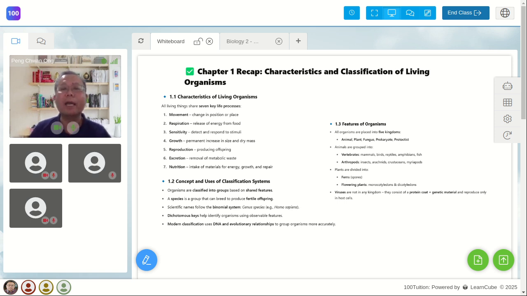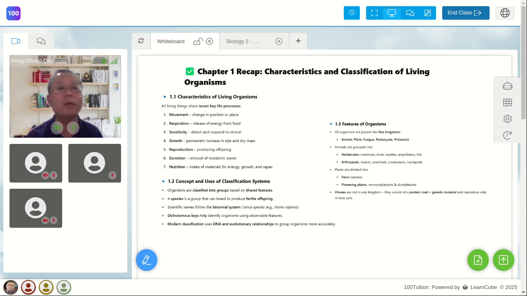Just a quick recap of what we learned last lesson in chapter 1. We learned the characteristics of living organisms, MRS GREN: movement, respiration, sensitivity, growth, reproduction, excretion, and nutrition. We also learned about the classification system, the binomial system, where organisms are classified into groups based on shared features.